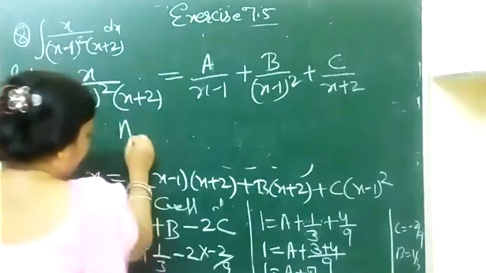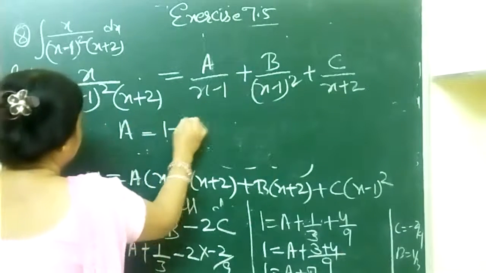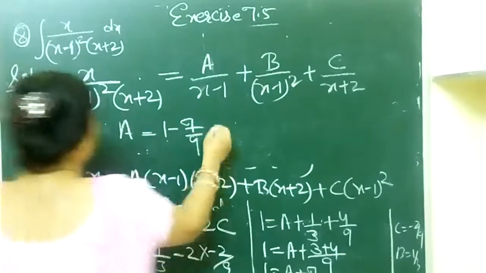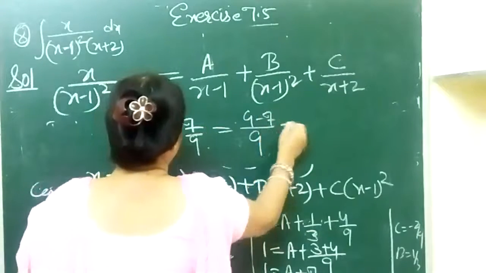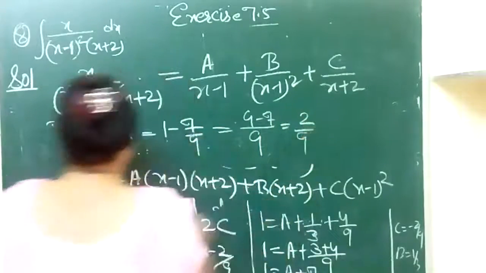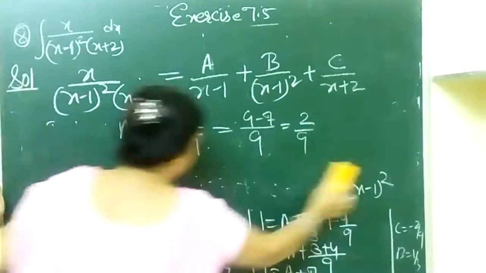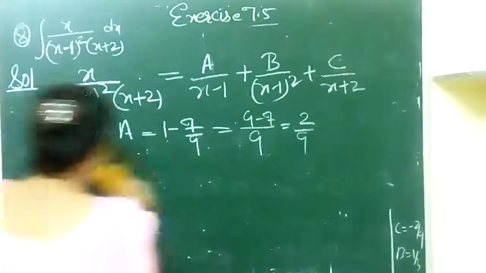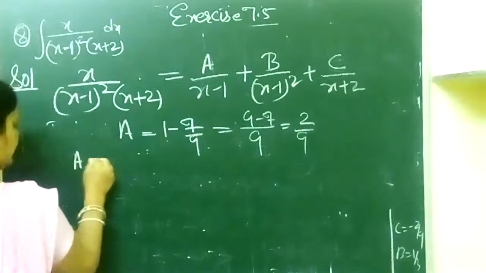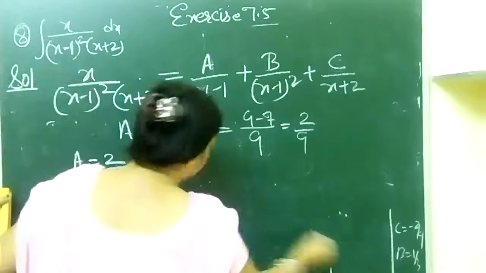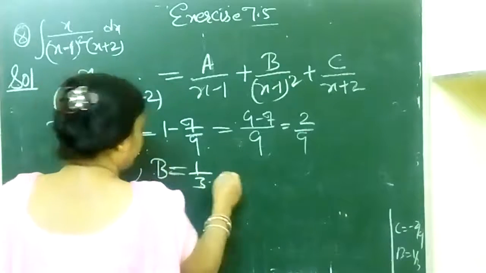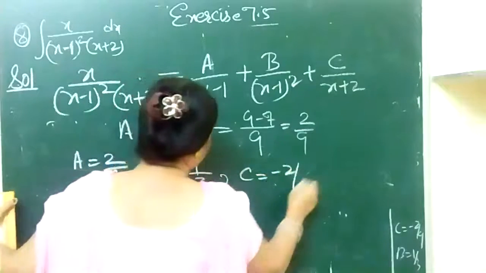After that the value of a will come 1 minus 7 upon 9, so 9 is LCM, 9 minus 7 upon 9, that is 2 upon 9. The value of a is 2 by 9, the value of b is 1 by 3, and the value of c is minus 2 by 9.